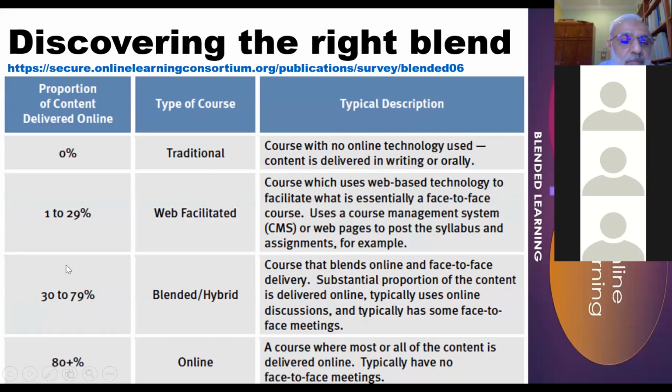Most of the time, probably we would be in this range in blended and hybrid, whereas the next one is completely online and there's no face-to-face. So although we can have different proportions, if you see the third one, 30 to 79%, there's a big range and the proportions can be adjusted accordingly.